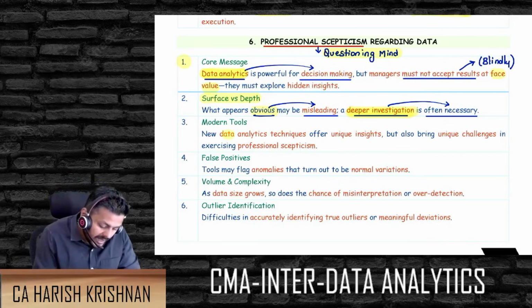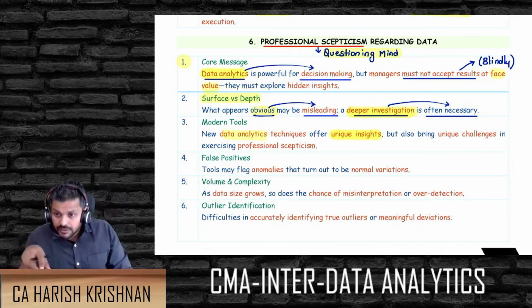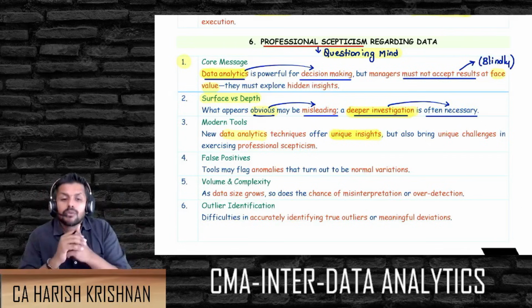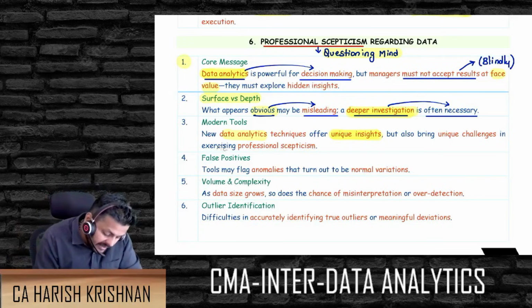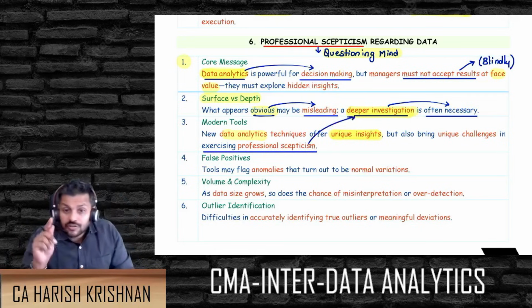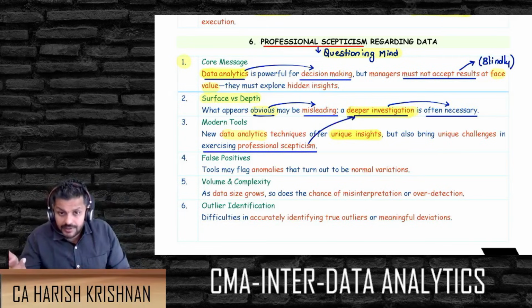Now new data analytic techniques offer unique insights: where the data was brought from, what is the source, and so on. There is so much detail that you can explore, which is exercising the topic of professional skepticism, which means often going into a deeper investigation. This is the context in data analytics, right?